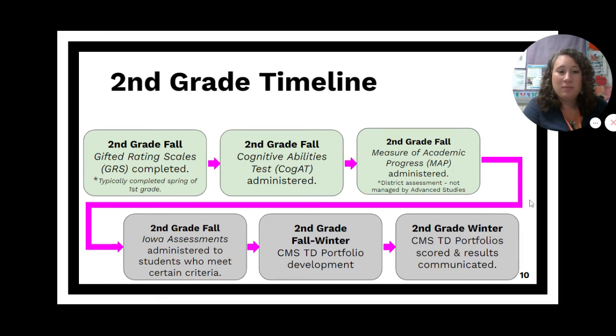And then from the MAP test, the students who meet the criteria will take an Iowa assessment, which is an achievement test. Then students who fit the criteria for the portfolio will do a fall and winter portfolio. And there's an additional portfolio opportunity in the winter.